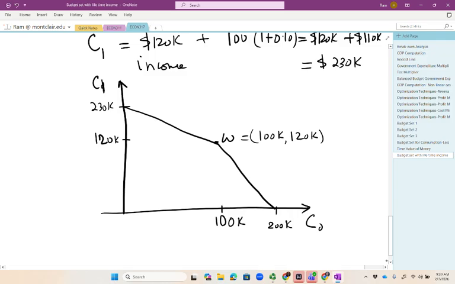So this is the budget set for the consumer who is facing a lifetime income. You can see in this segment the consumer is borrowing against future income.